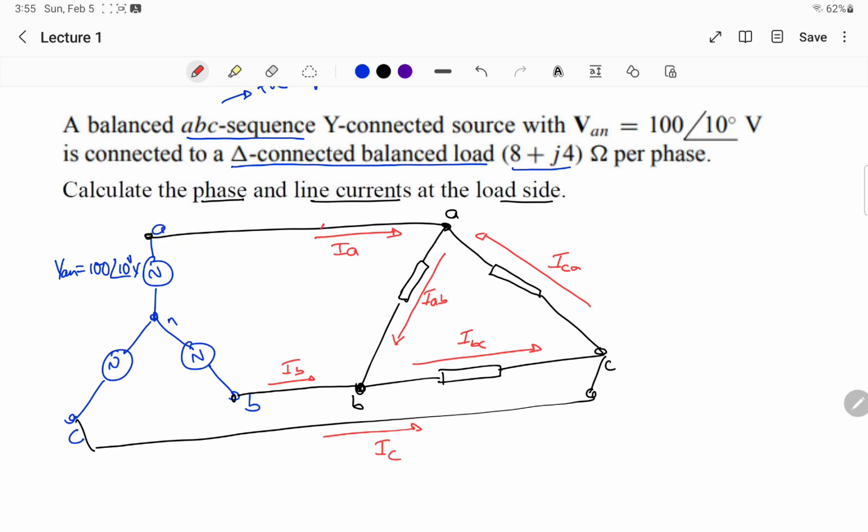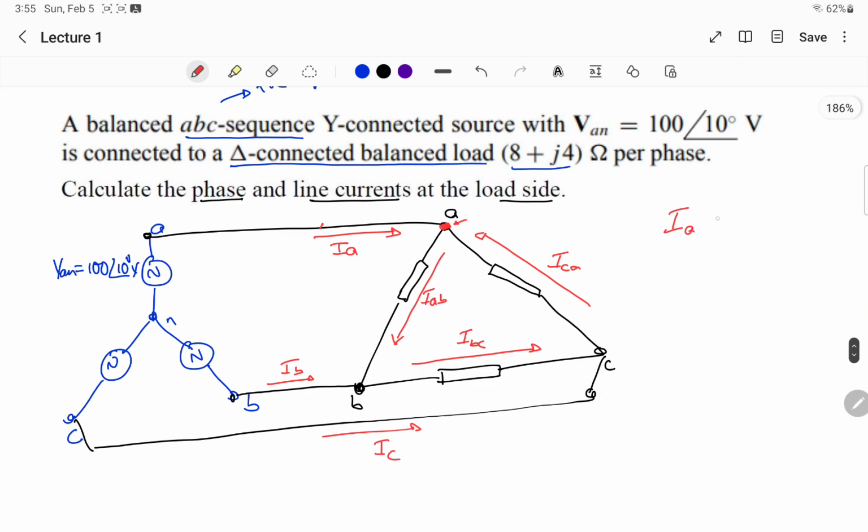And as I told you when I was revising the concepts, you should be clear. You can see from here that this current IA gets divided here. There is a node here. It is not the same current, as all of the current will not go through IAB. So these two currents cannot be equal. So IA is not equal to IAB.